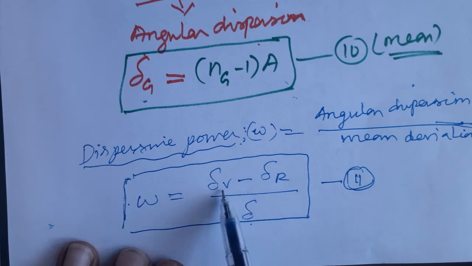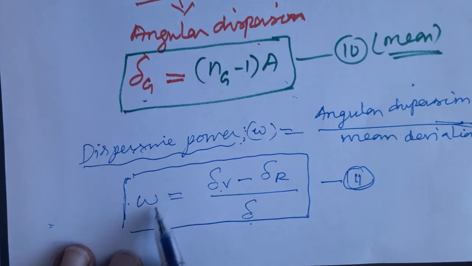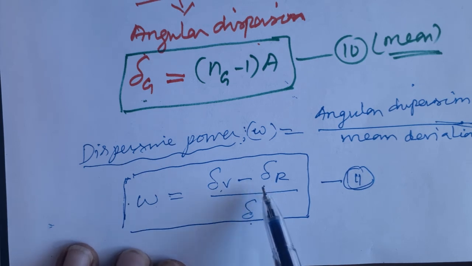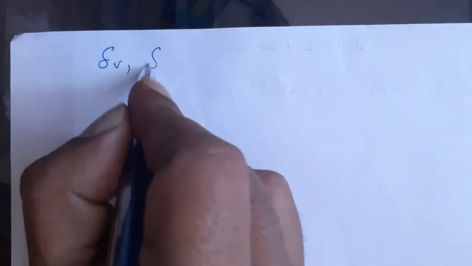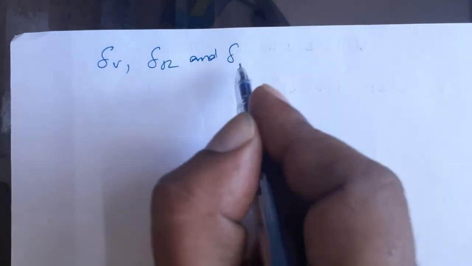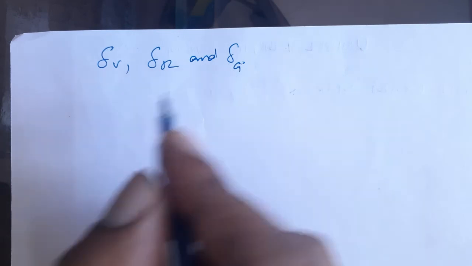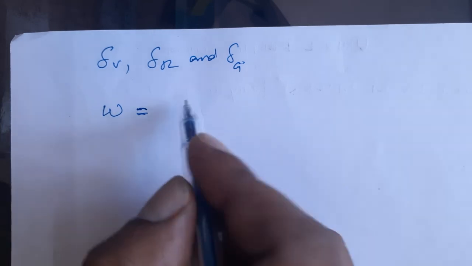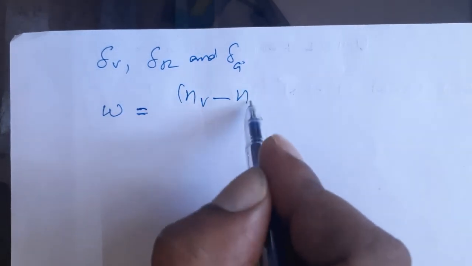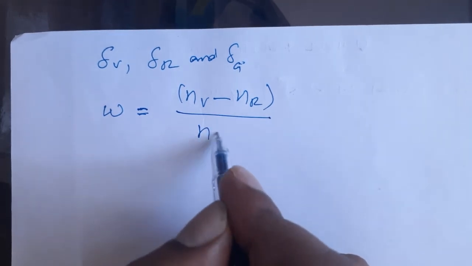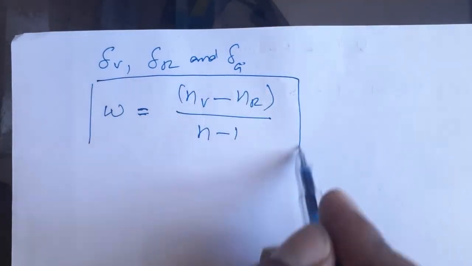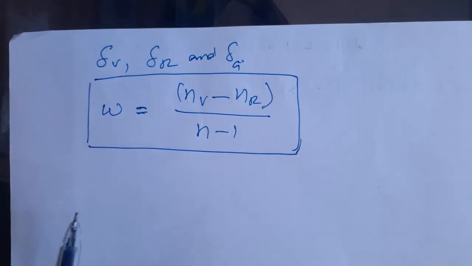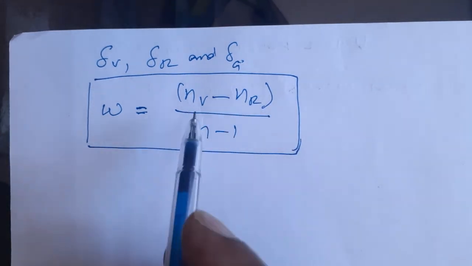Substitute the values of delta V, delta R and delta, here delta G we considered. We will get omega, the dispersive power, equal to n of V minus n of R by n minus 1.